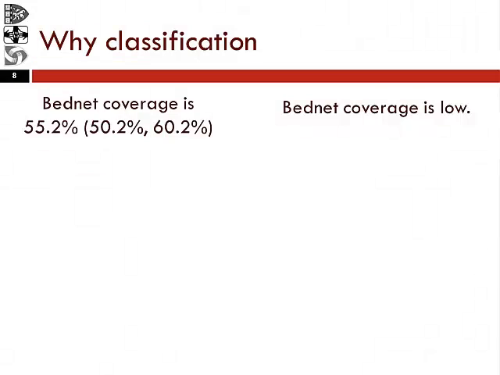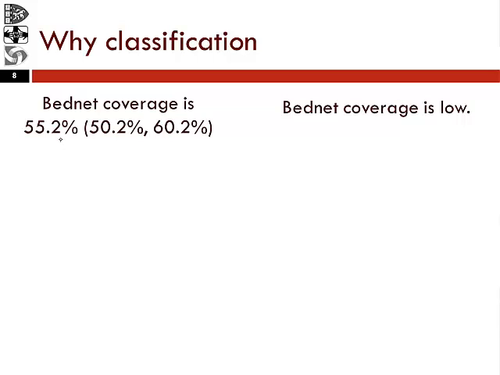So let me show you an example of a traditional cross-sectional study and an LQAS study. In a traditional cross-sectional study, if I'm talking about the use of bed nets, I would come in and say the proportion of children sleeping under a bed net is 55.2%. And remember, we no longer look at the estimate, but we have to look at the confidence interval. So it's 55.2%, and the confidence interval is from 50.2 to 60.2%.